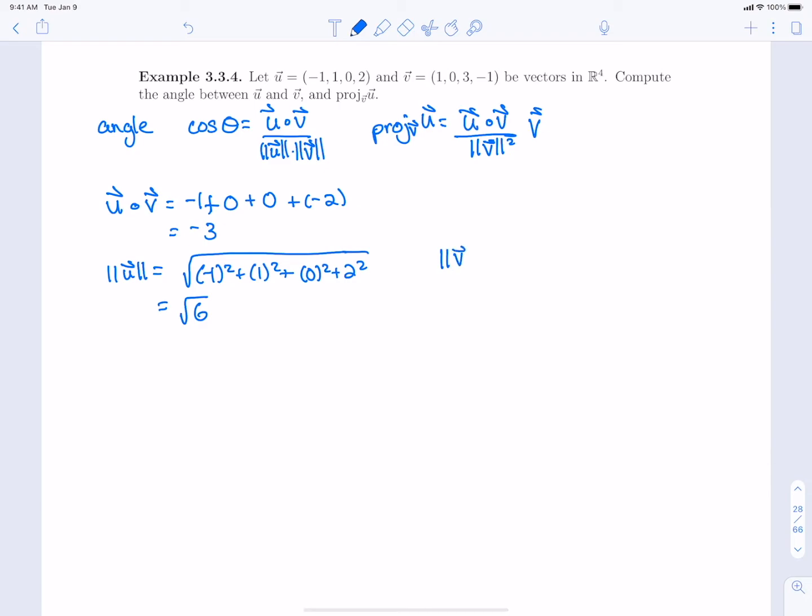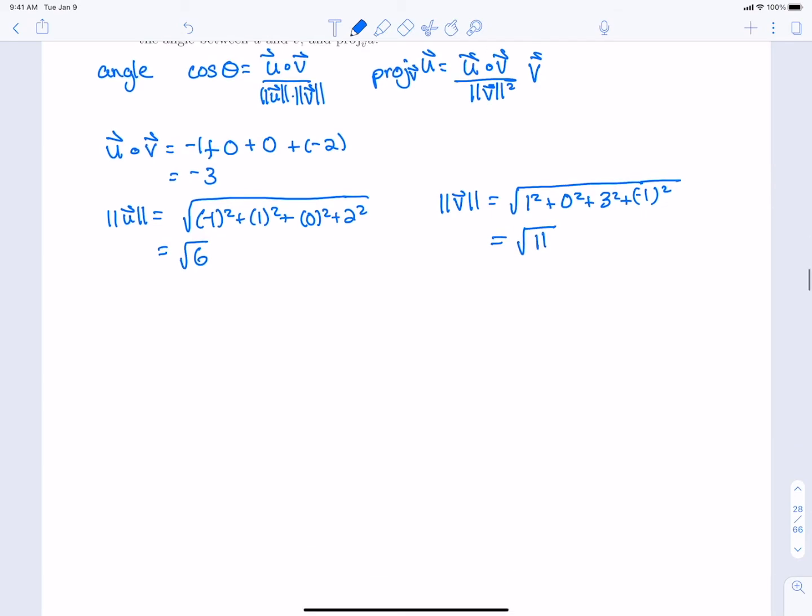And also let's find the magnitude of v, which will give me 1 squared plus 0 squared plus 3 squared plus negative 1 squared, which is 1 plus 9 is 10, plus 1 is 11, so square root 11. So with this information, I can say cos theta will equal negative 3 over square root of 66. So theta will equal cos inverse of negative 3 over root 66.